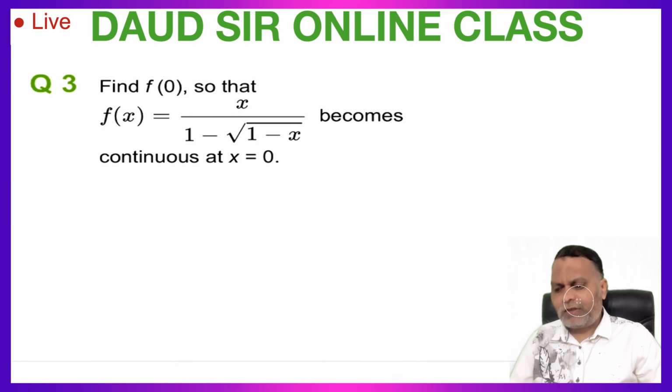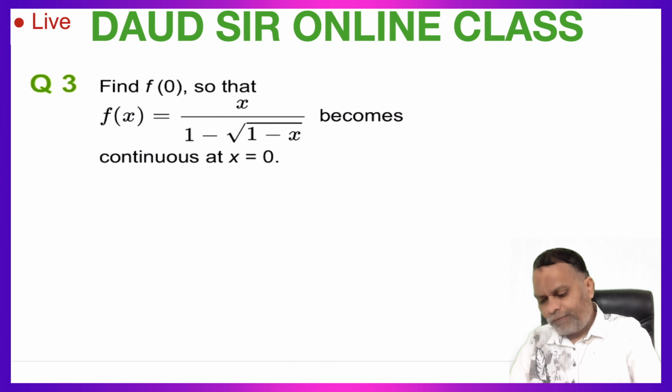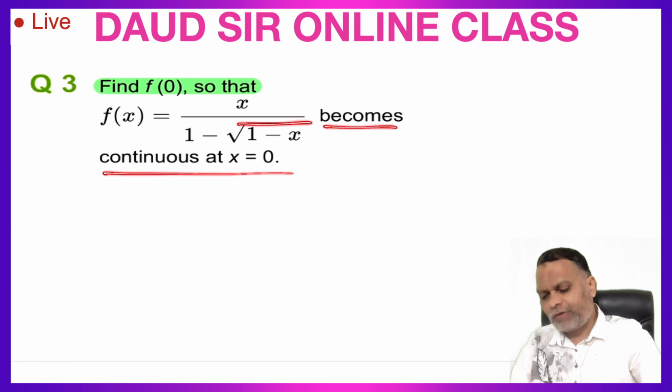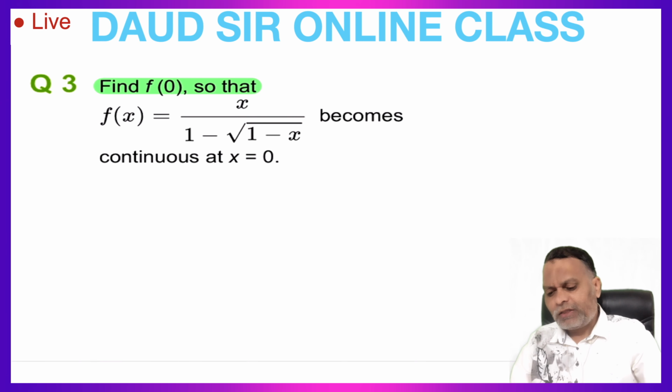Question number third. Find f of 0 so that f of x is equal to x upon 1 minus under root 1 minus x becomes continuous at x is equal to 0. This function is given continuous at x is equal to 0 for which value of f of 0?